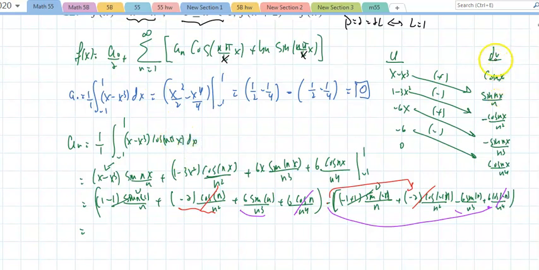So there should have been, oh boy, okay, there should have been a pi x on each of those. Yeah, much better. Okay, all of these should have a pi.